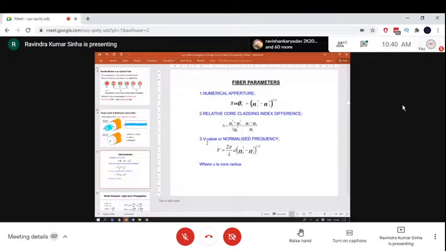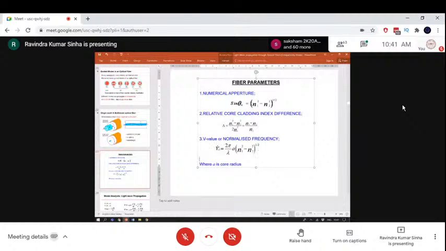Similarly, we define another parameter called the V value of the fiber. V value depends on this expression, where lambda is the operating wavelength, that is the signal which is going into the fiber, and N1 and N2 are the refractive indices.